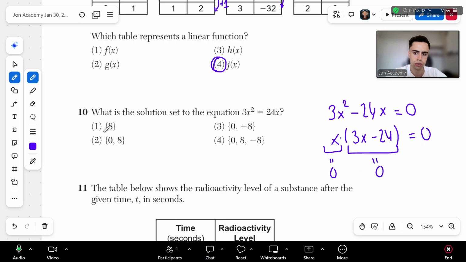So one of the solutions is 0. We can already discard number 1. And then 3x minus 24 equal to 0. That happens when x, we first add 24, no? And then divide by 3, and that's 8. So it's gonna be number 2 here.